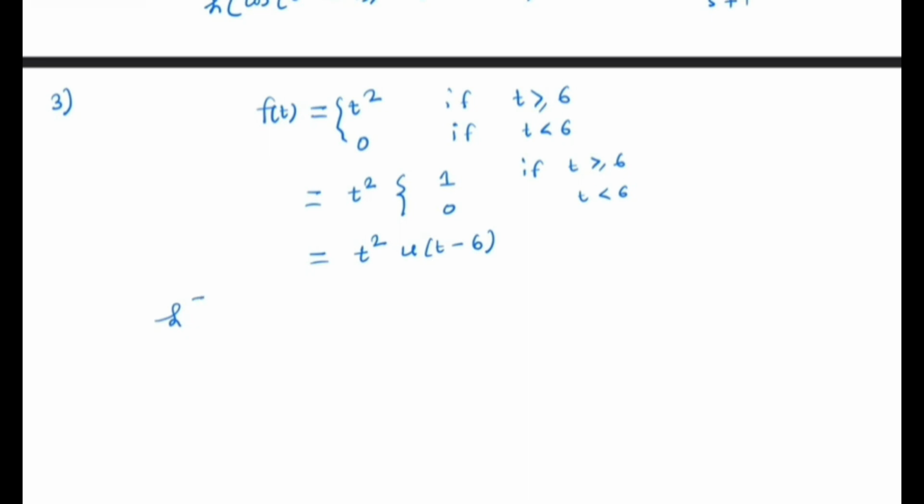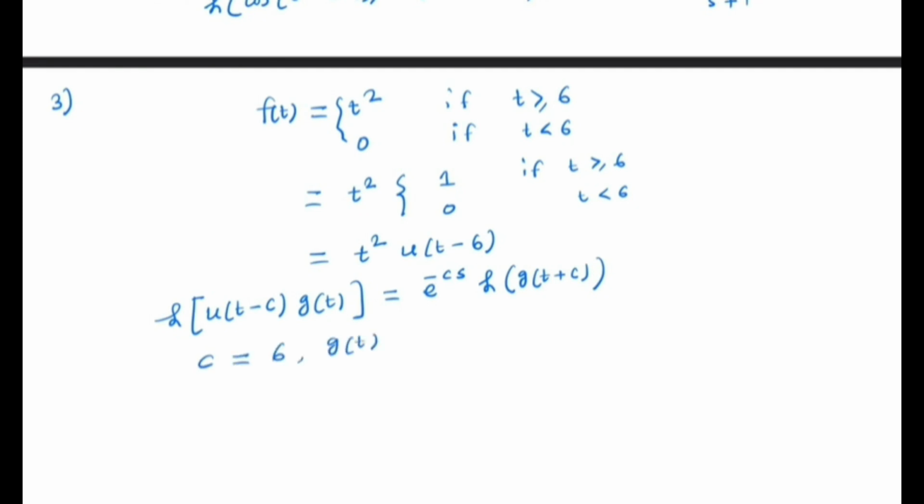Laplace transformation of u of t minus c times g of t is equal to e power minus cs into Laplace transformation of g of t plus c. Here note that we have c equal to 6 and g of t is equal to t square. Now we need to find the Laplace transformation of g of t plus c. So what is g of t plus c?